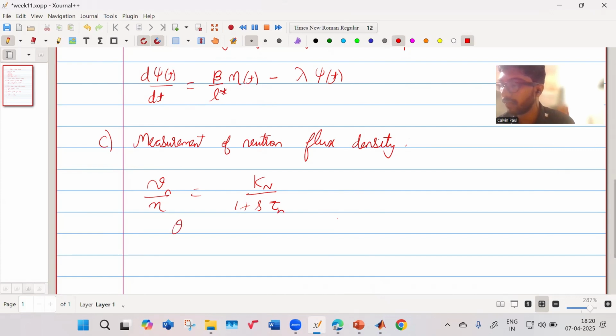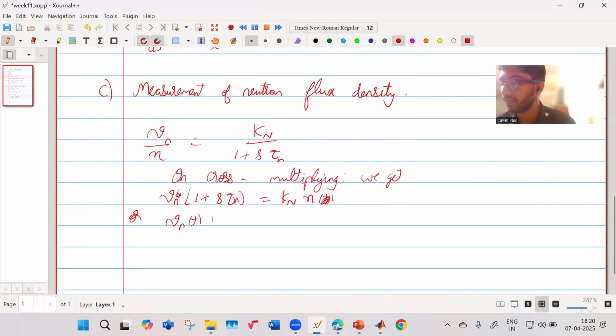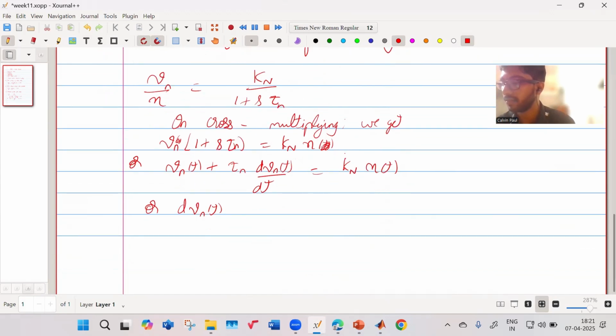If we cross multiply, we get Vn plus S tau n is Kn into meter of T. Kn into meter, or Vn of T plus tau n into dVn of T upon dt is Kn into meter of T, or dVn of T upon dt is equal to minus 1 upon tau n Vn of T plus Kn upon tau n into meter of T.